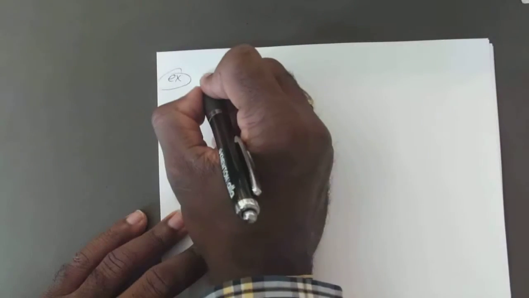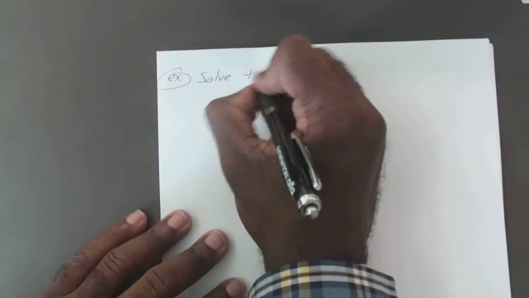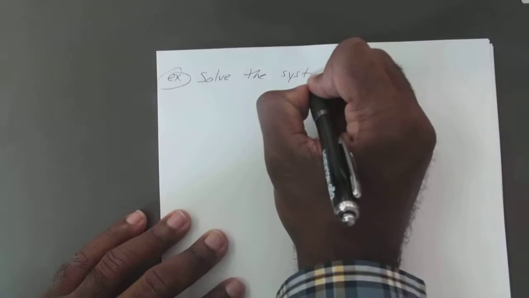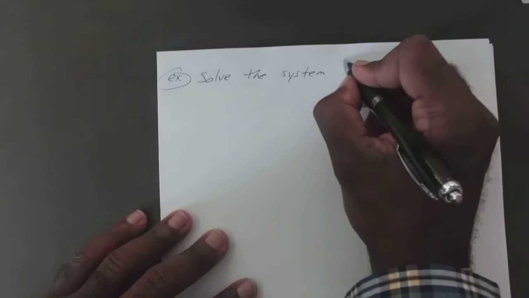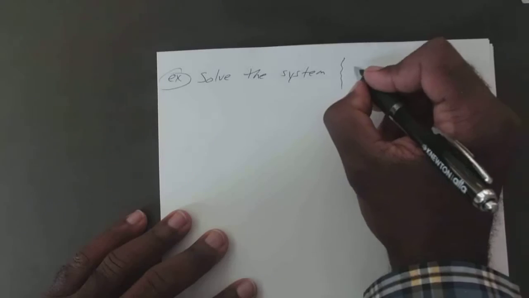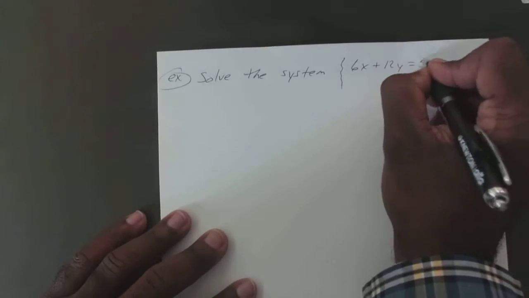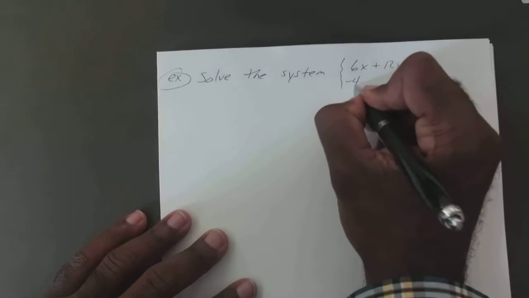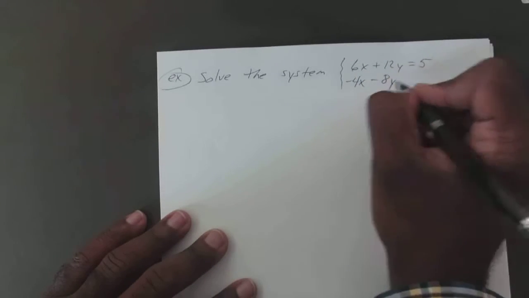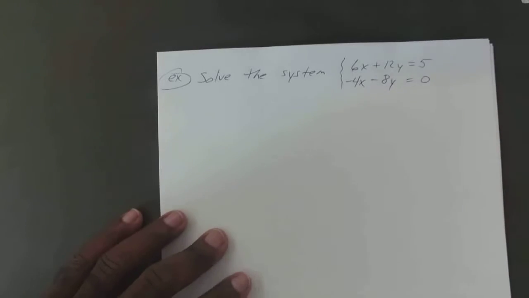Okay, so let's try this one for example. Let's say if we wanted to solve the system 6x plus 12y equals 5, and negative 4x minus 8y equals 0.